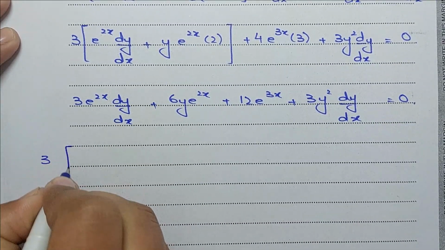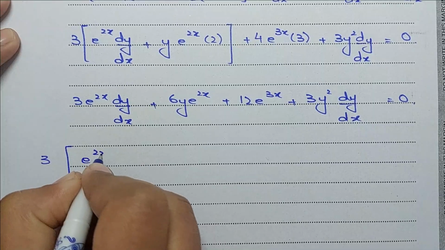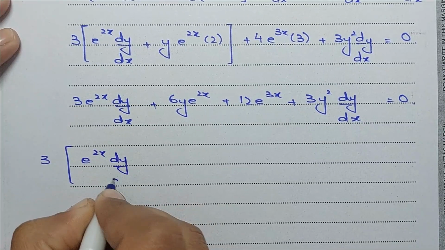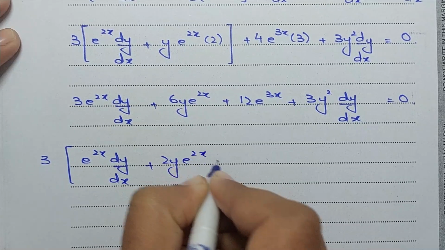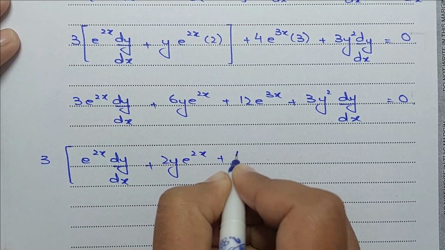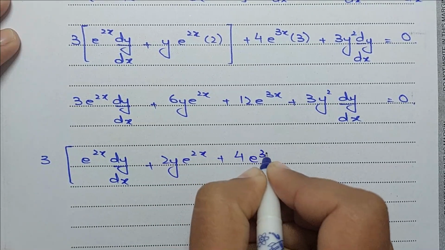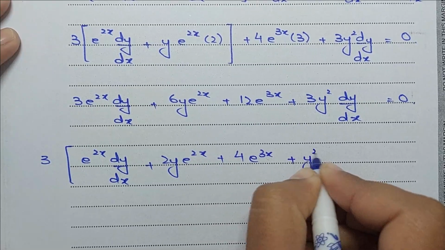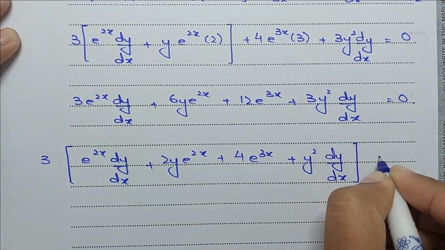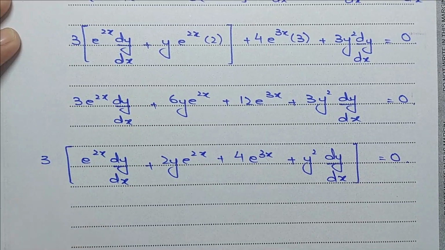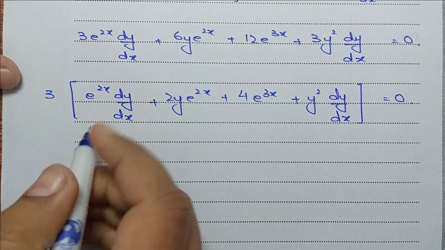So when 3 is common, e to the power 2x dy over dx, 3 times 2 is 6, 3 times 4 is 12, and y square dy over dx equals to 0. Now divide this 3 on the other side, it becomes 0.